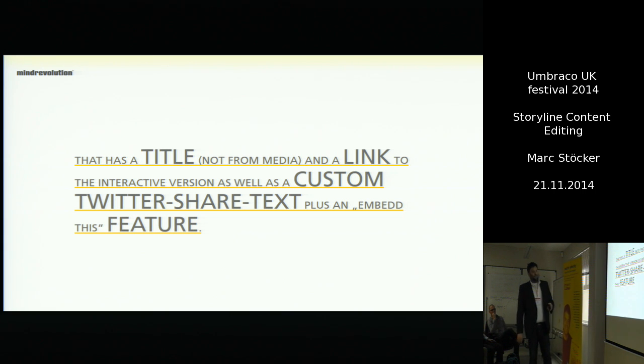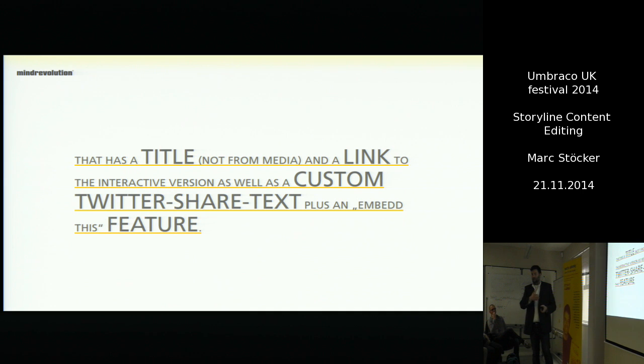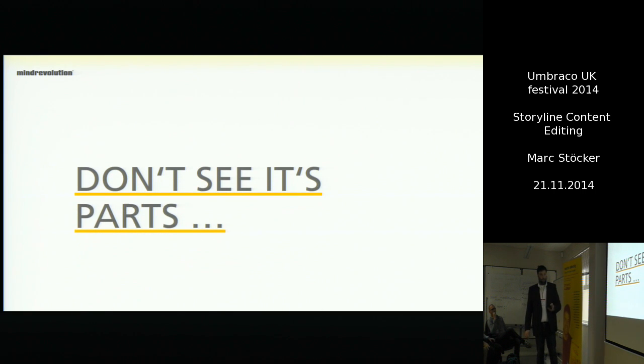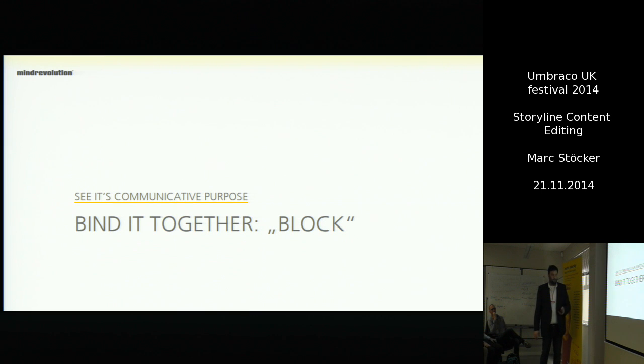So if you combine that plus an embed this feature, specifically again for the interactive version that's probably hosted somewhere else, if you're doing that with the grid, while it's possible, it's horrible if you're doing it by pieces. So don't see its part was our idea, but see its purpose.